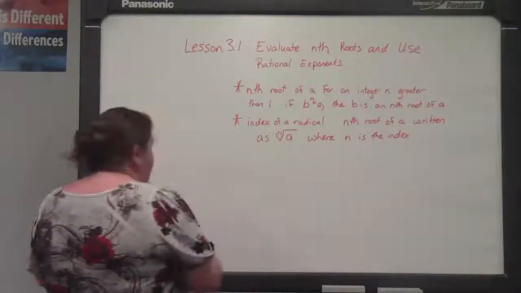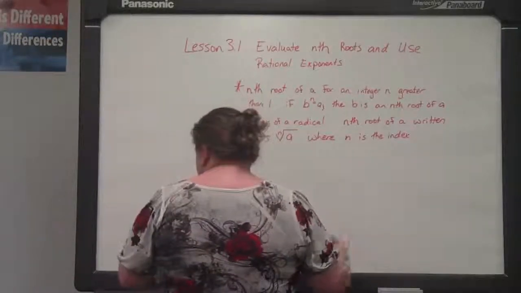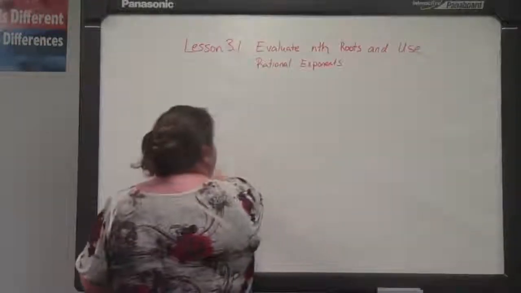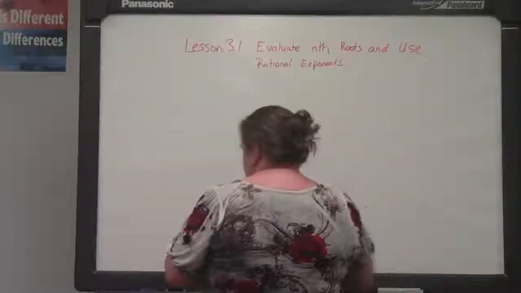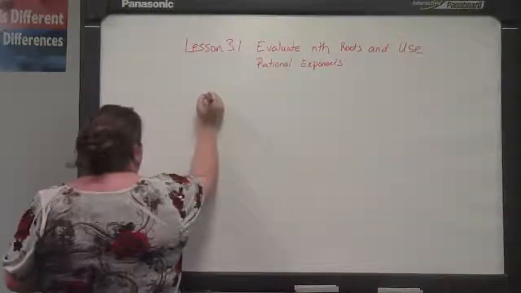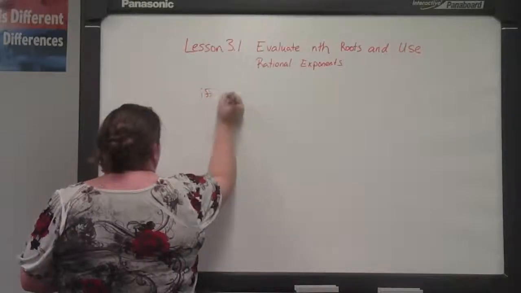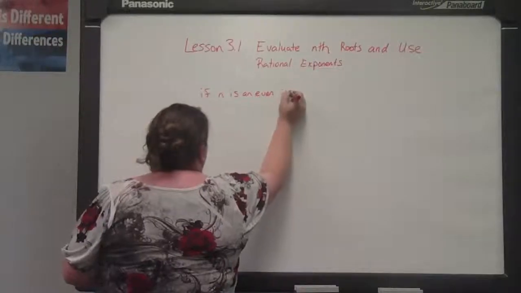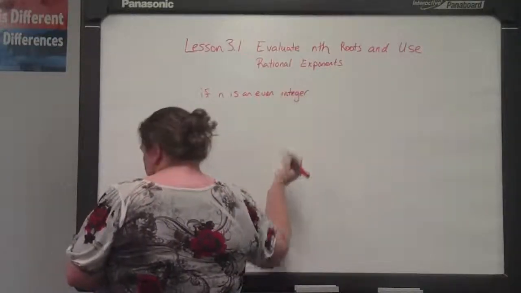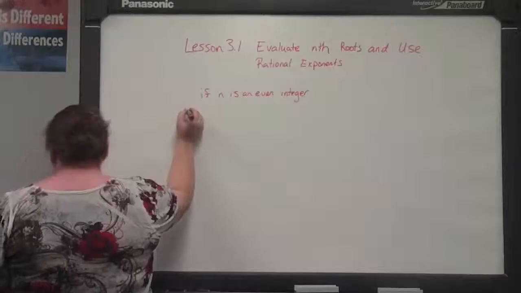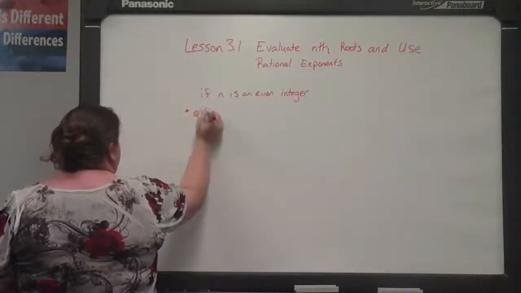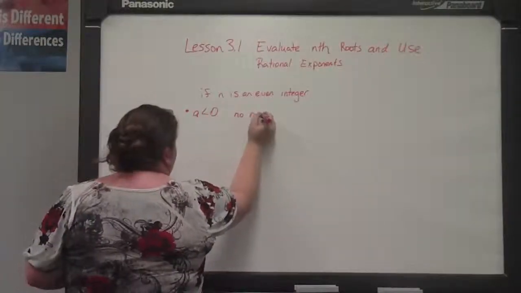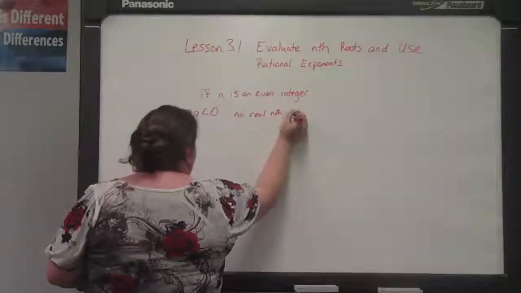Now we have some properties to keep in mind, and so I'm going to go ahead and show those here. So if n is an even integer, one point is that if a is less than 0, you'll have no real nth roots.